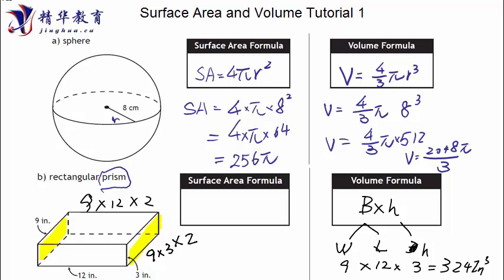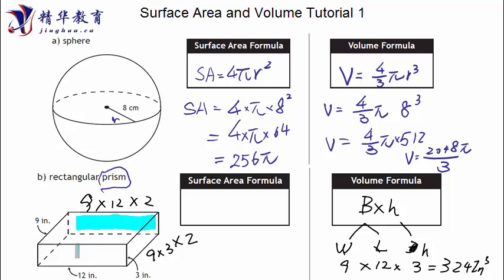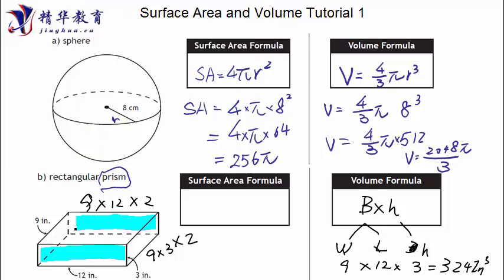And then finally, we're going to talk about these two parts, this part and this part. These two parts are 12 times 3, right? How many of them? 2 of them, times 2. So we add this part and this part together, and done.